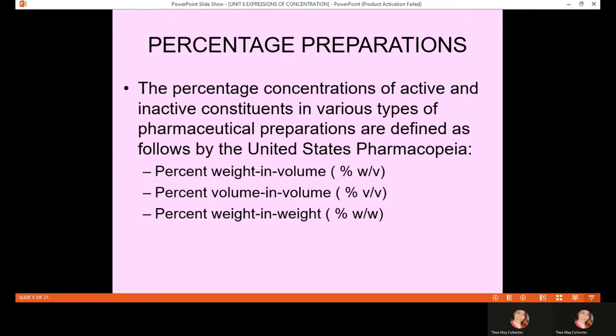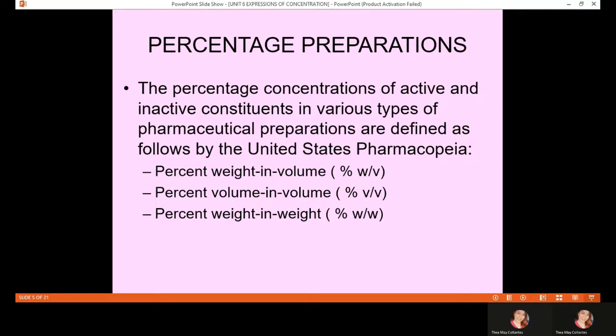It means that in a 100 ml solution of water, you add 5 grams of KCl. Of course, it's not just about 100 ml of solution that we are always asked to make. We will be asked to make 50 ml, 75 ml.